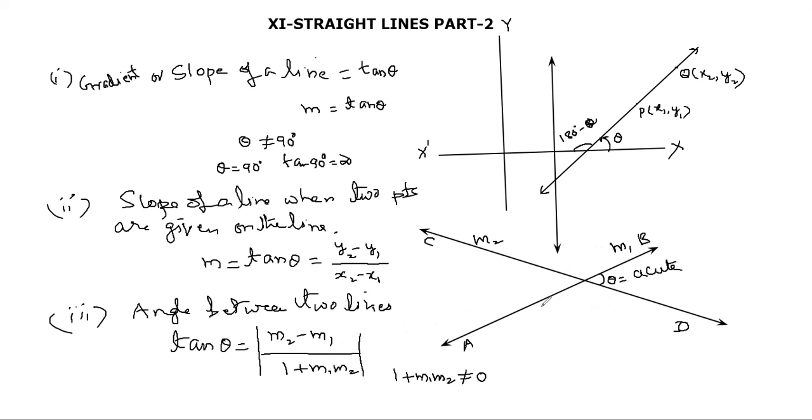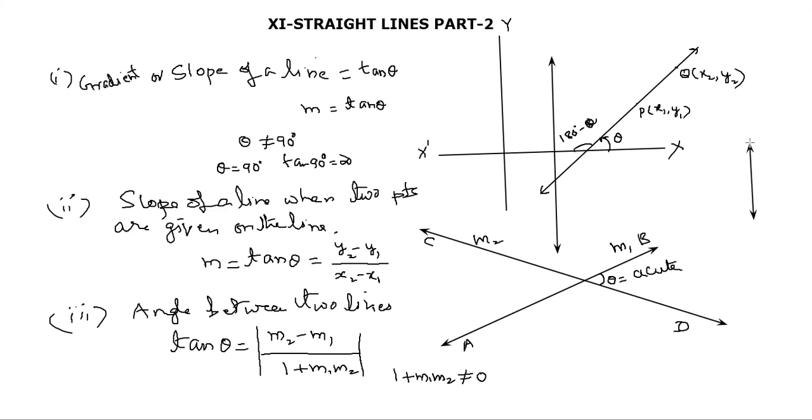What will happen if the lines are perpendicular to each other? Suppose we have two lines here.